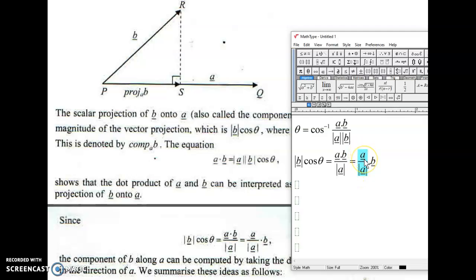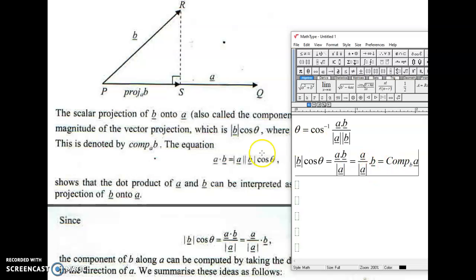So by using unit vector times B, we can also find out the length. So all of this is known as the component of B onto vector A, right? So we have the component of B onto vector A.